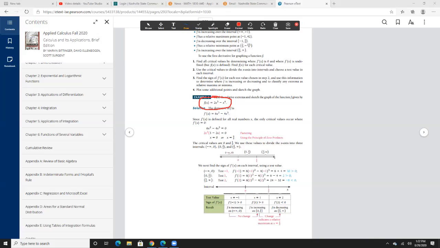And again, we're trying to figure out where it reaches maximum and minimum values. And what we do is the first derivative test, right? We figure out what the derivative of 2x cubed minus x to the power of 4 is. And if we do the power rule, we figure out that the derivative is actually 6x squared minus 4x.